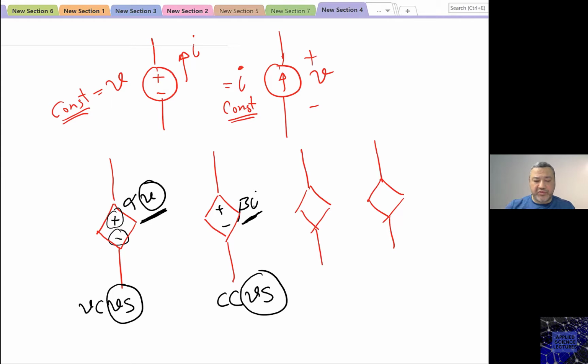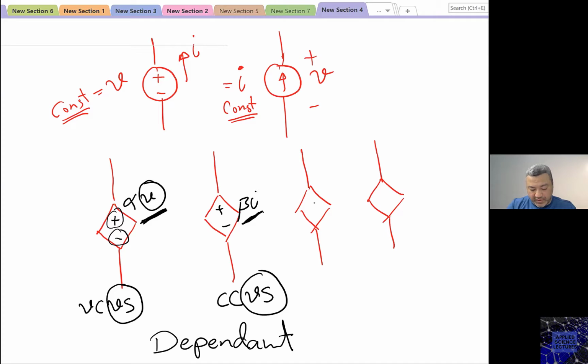The independent voltage source generates this constant voltage regardless of the other values in the circuit. But this voltage source, because it is a dependent voltage source, depends on a second quantity, which is voltage in this case and current in this case.